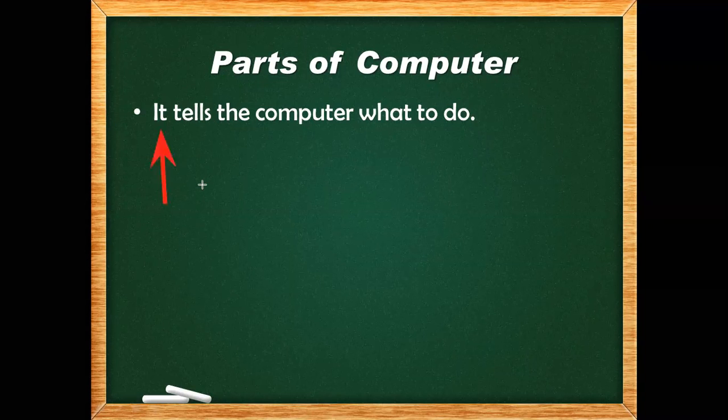Okay, like our brain tells us what to do when we feel hungry. Our brain will tell you to ask someone for food, or you will say, I need food, or I need this thing to eat. When you feel cold, you wear warm clothes. Why?